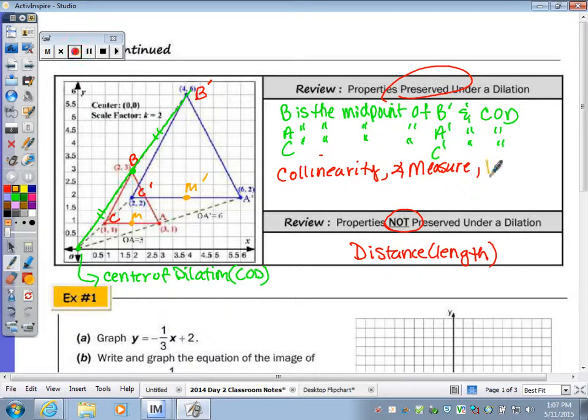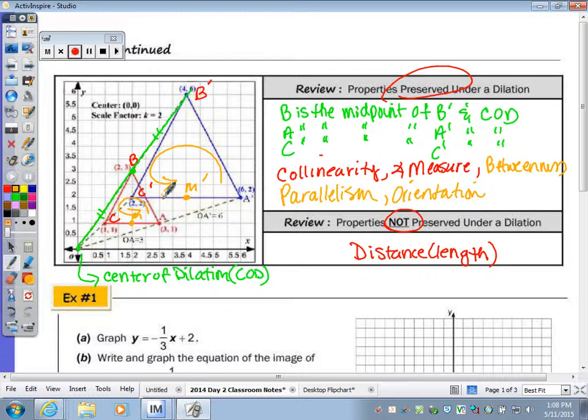So betweenness, parallelism, anything else? There was one other, orientation. Does orientation remain the same? Yes. So here, from A to B to C prime, the manner in which we label our vertices is both within a counterclockwise direction. So the only property that's not preserved is distance or length.